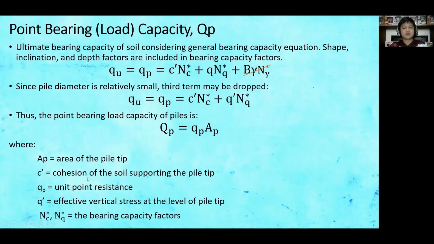C prime is the cohesion of the soil supporting the pile tip. Again, for point bearing load, we will consider the parameters that are directly in contact with the tip of the pile. For qP, the unit point resistance, again this is the pressure capacity. For q prime, it is the effective vertical stress at the level of the pile tip, again gamma times DF or gamma times L. NC star and NQ star are the bearing capacity factors.